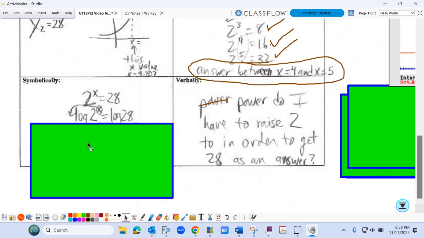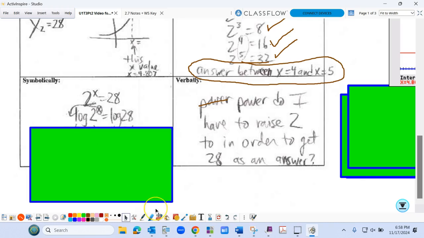That would normally be log base 2 of 2 to the x. But since most of us have calculators that just have the log button, I'm still going to log base 10 both sides. But I want to show you something really cool about logs when you log both sides.